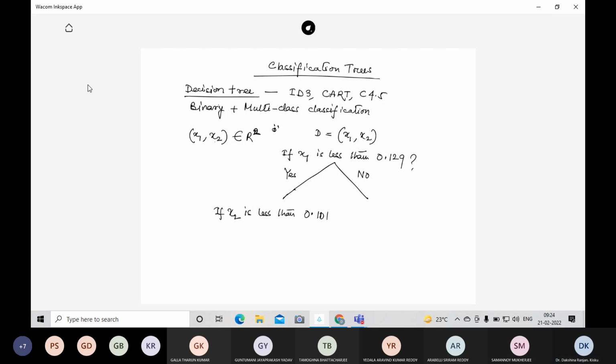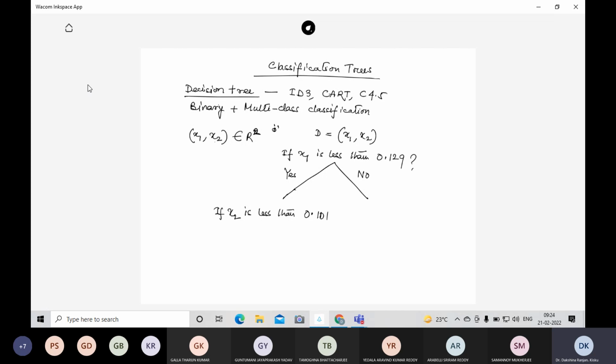Okay, now if x1 is less than 0.129, then if this condition is found to be true, then we will go on this branch.